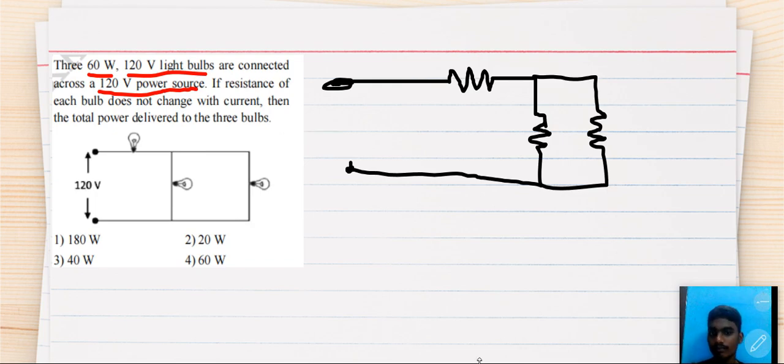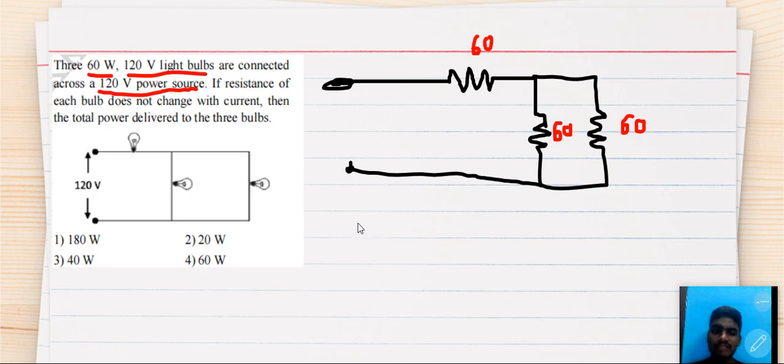Now the next thing we are going to see here is that the power of each bulb is going to be 60 watts. This is power.